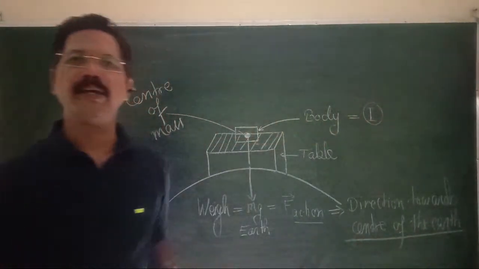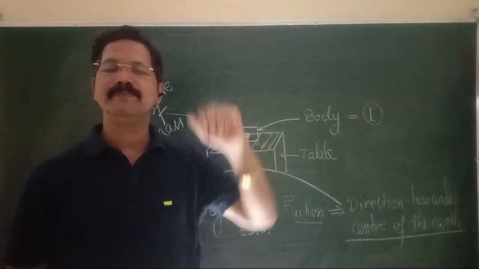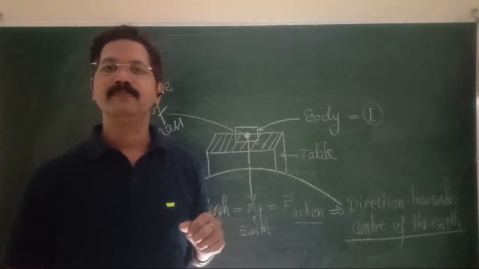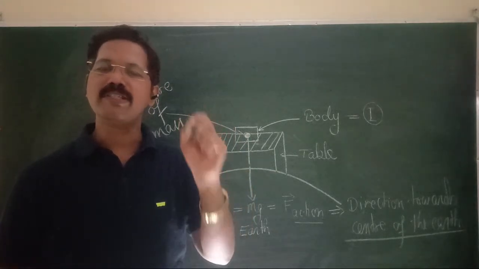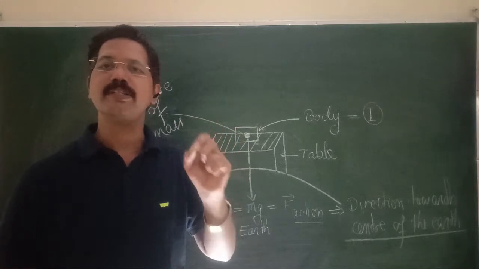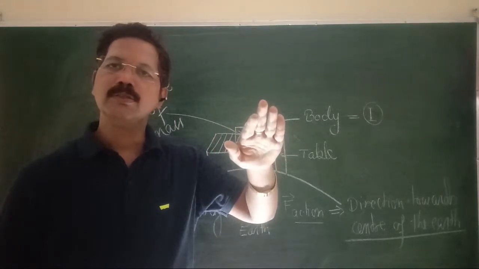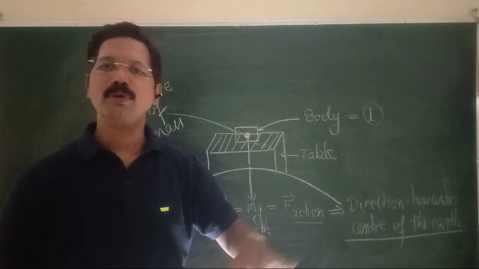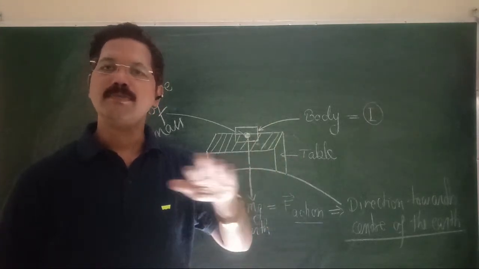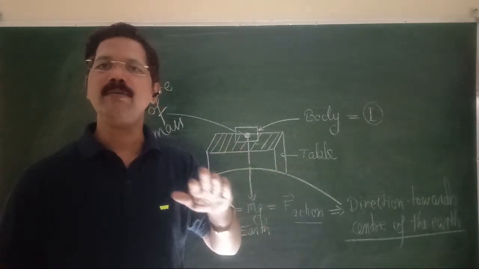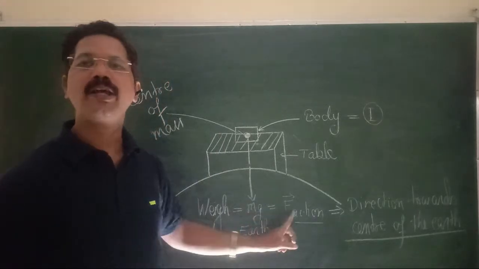So I am making it clear. You are on the 10th floor of a building, of a mall. So where is mg acting? You always say that mg is acting towards the center of the earth. I am on the second floor below the ground, in the building. So what is the direction of mg, or the action force?